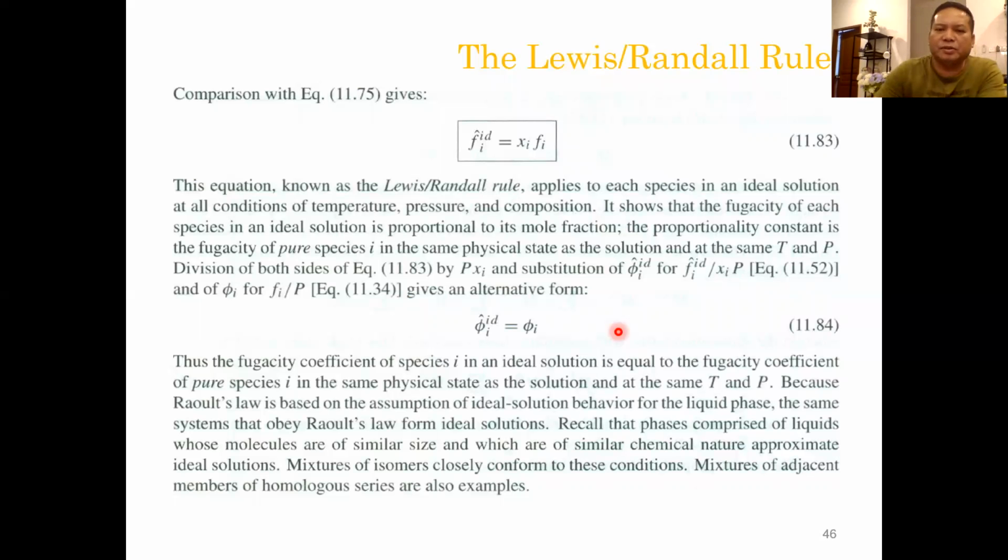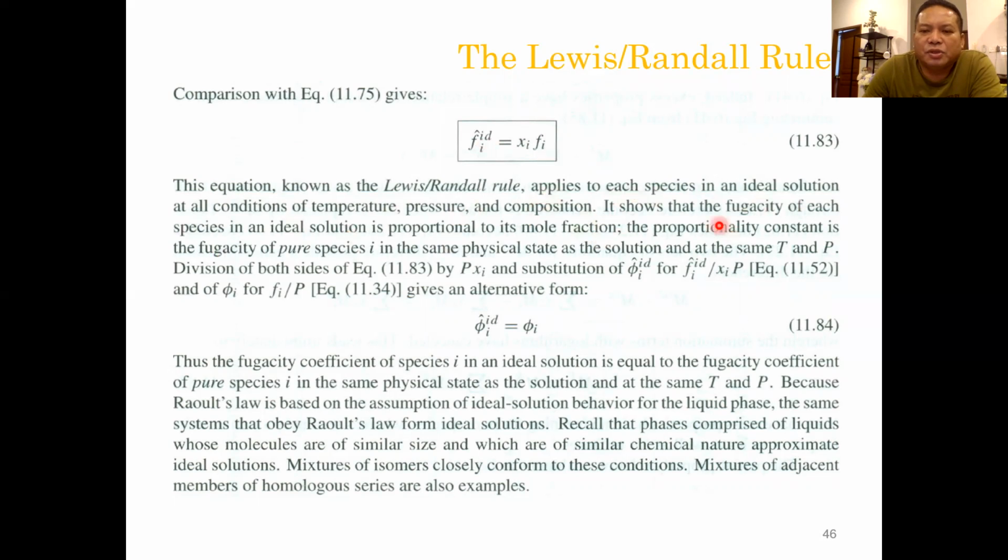Okay, Lewis-Randall rule. The Lewis-Randall rule says that the viscosity of species i in an ideal solution is actually Xi times the pure-species viscosity here. Okay, and this equation applies to each species in the ideal solution at all conditions of temperature, pressure, and compositions.